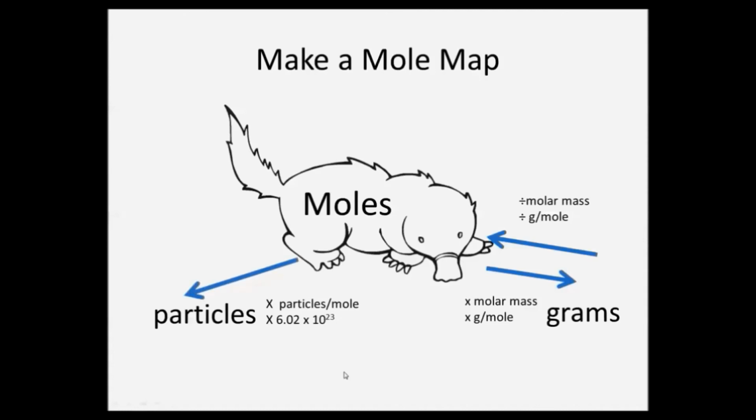We have to multiply by the equivalent 6.02 times 10 to the 23rd particles for every 1 mole. So draw an arrow, and next to your arrow, write times 6.02 times 10 to the 23rd particles per mole. Draw an arrow going back, and this time write divided by 6.02 times 10 to the 23rd.